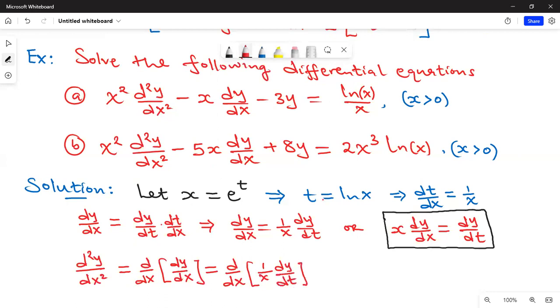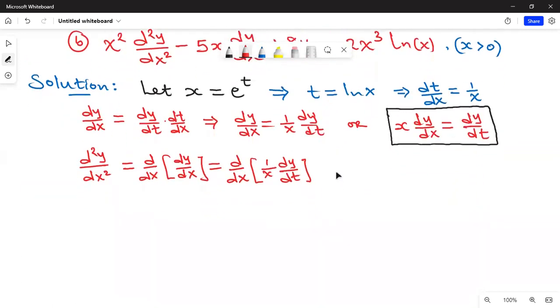I can now use the product rule to differentiate this. I keep 1 over x constant and differentiate dy dt with respect to x, so this is d dx of dy dt. Plus, now differentiate 1 over x, keeping dy dt constant.